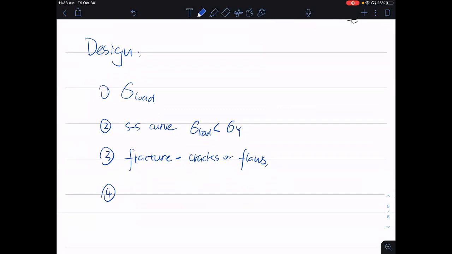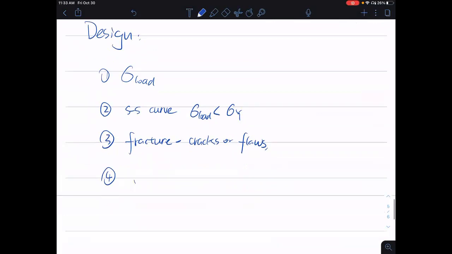Next thing you need to check is, do we have fatigue failure? Is this part subjected to fatigue failure? What's the condition for fatigue failure? That's when you have dynamic load, right?